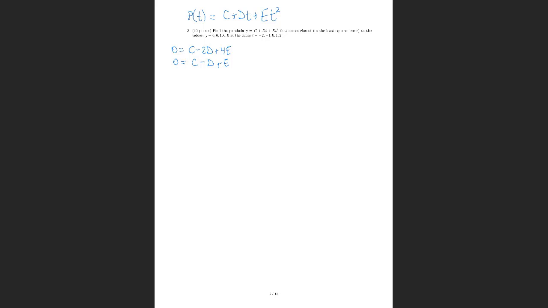Next one is that y should be 1 when t is 0. When t is 0, it'll just be c. Then when t is 1, y should be 0. And then when t is 2, we want y to be 0 again, okay?